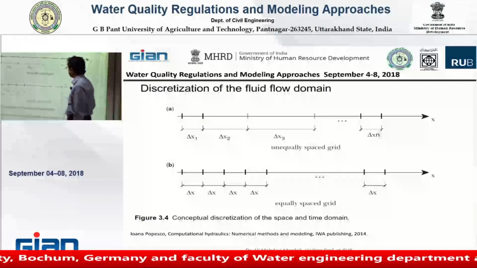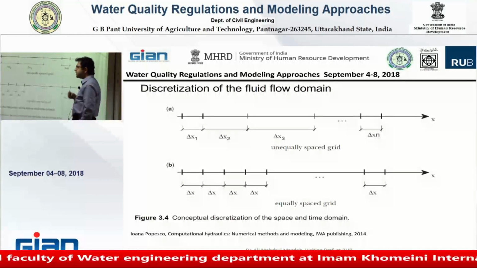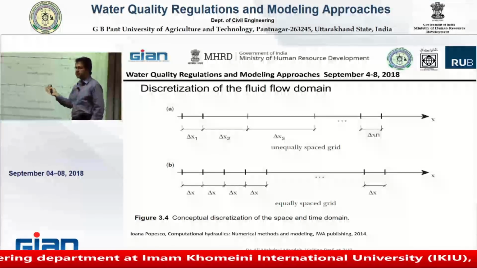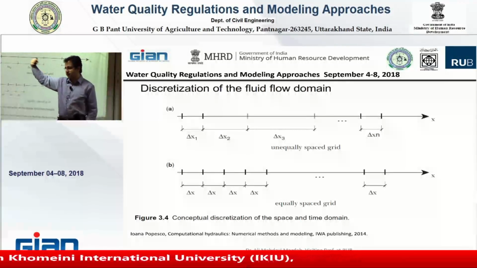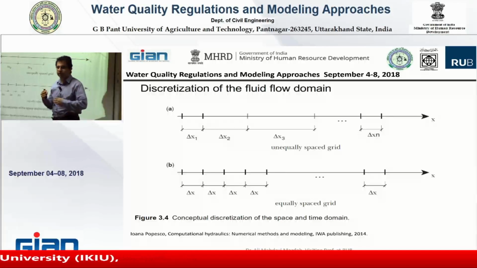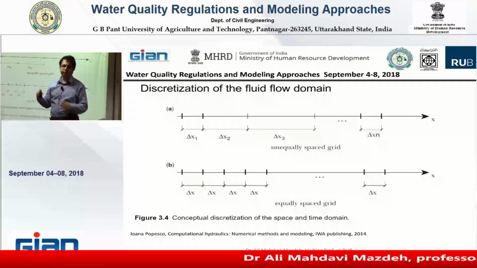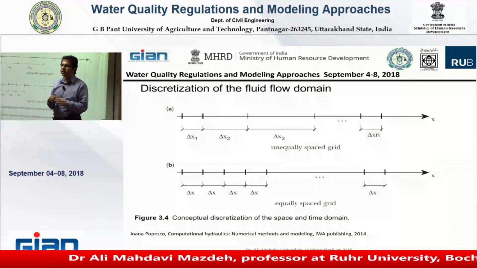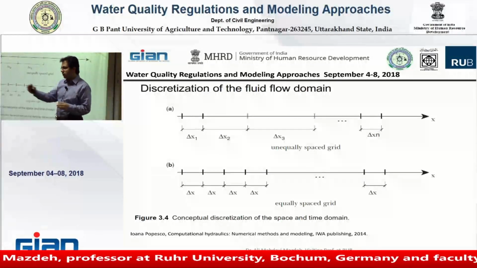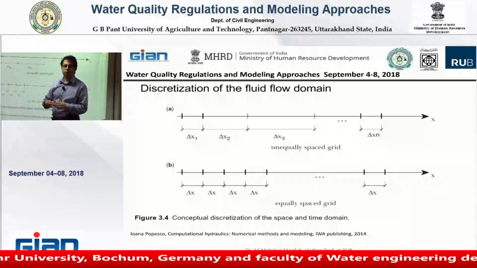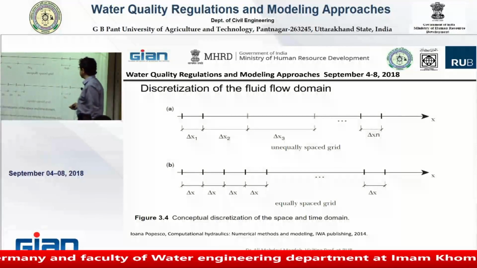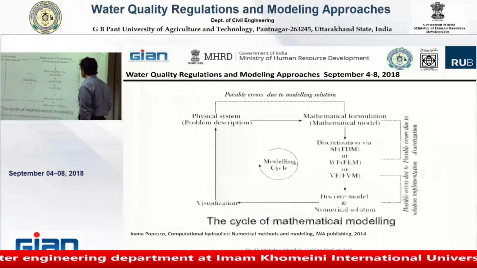Then your result is more precise. These same ideas can work also for time steps, because we have two kinds of change: spatial change and time change. So again, in time also we can have equal or unequal grids.